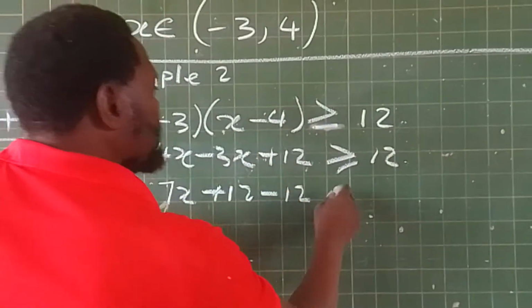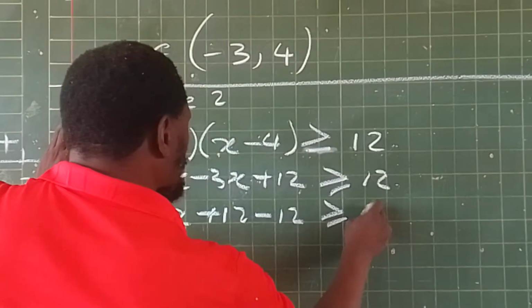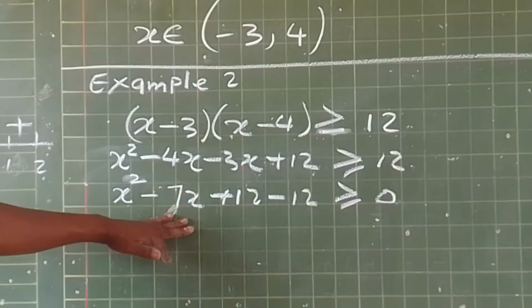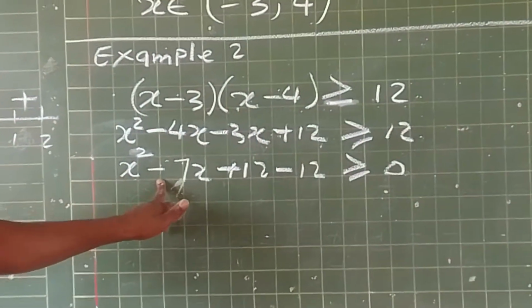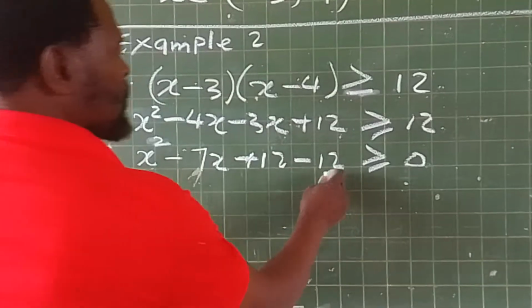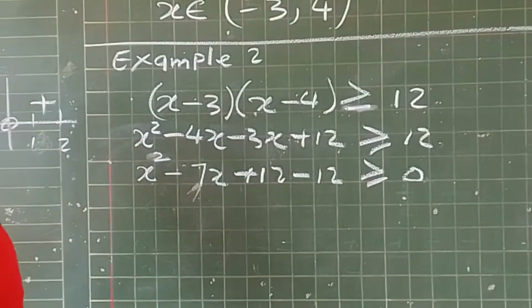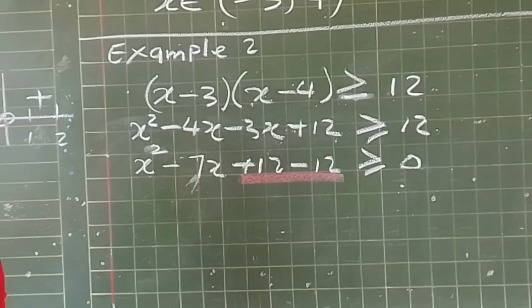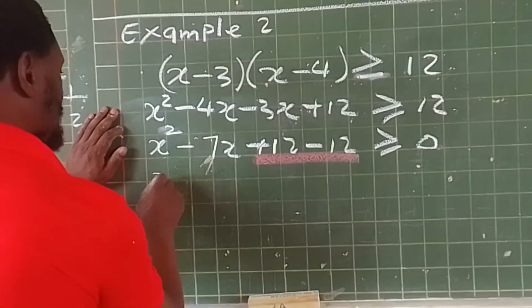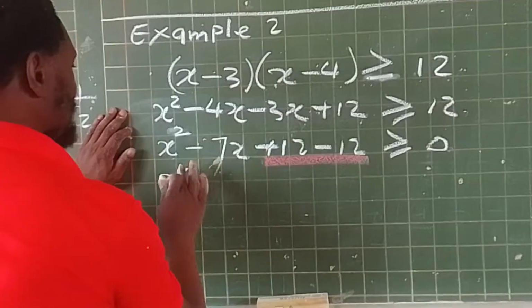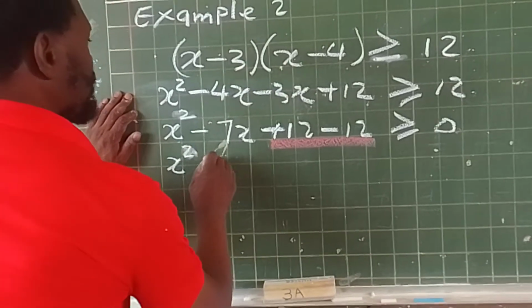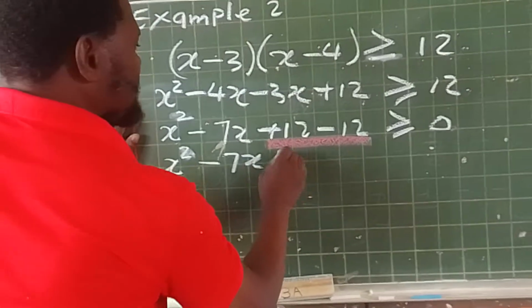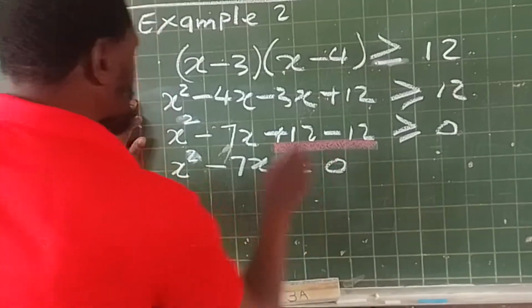I took that 12 that side, is greater or equals to 0. Now we have x squared minus 7x. This is 0. I will underline it. This is going to give us 0. Then we are left with x squared minus 7x is greater or equals to 0.